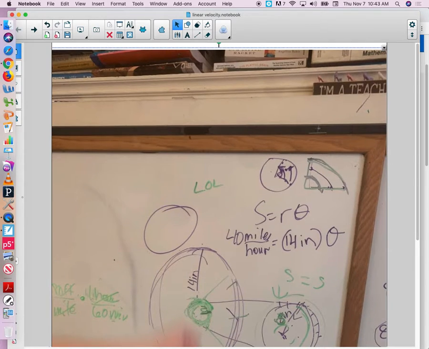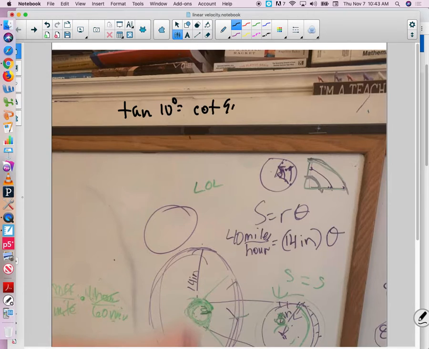If I wanted to test tangent of 10 and cotangent of 90, now I know I'm in degrees and you're in radians, so don't even push anything in your calculator till I tell you to. Right now, it would be pointless to push this into your calculator, all right? Because you're in radians, right? I'm just talking. You're not pushing. You're just listening, okay? These are equal to, I'm sorry, that wouldn't even be true.